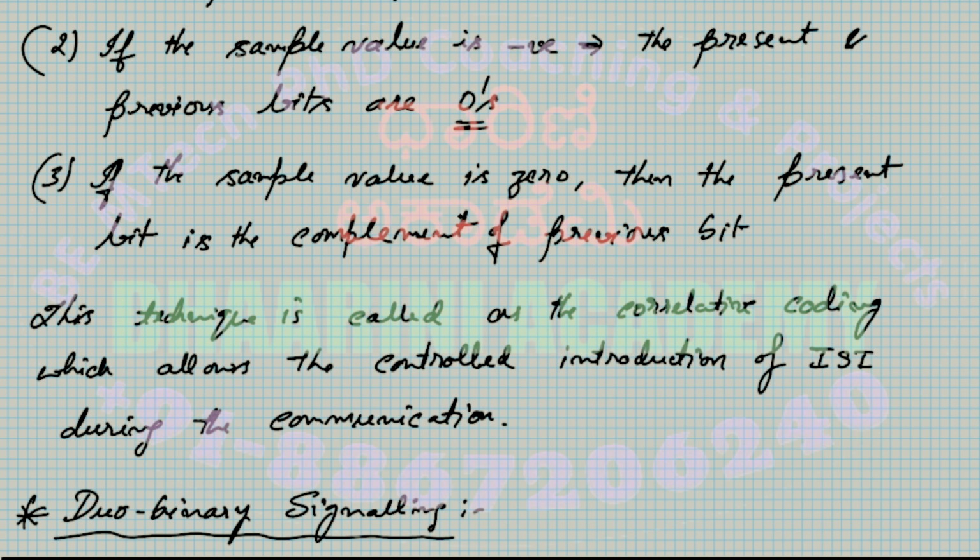Otherwise, so the present value is 1. The past value should be the complement, which is minus 1. That's all. You are coming to the conclusion that now I received 1, so the past one should be minus 1 because my sum is 0.